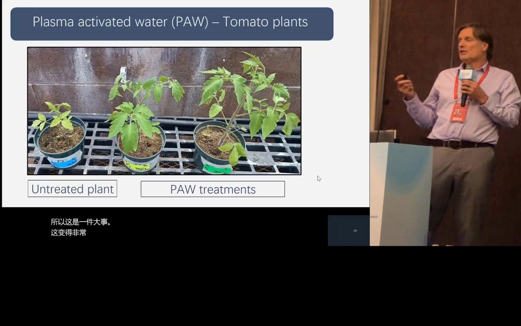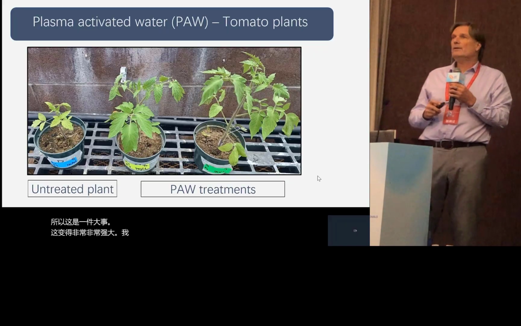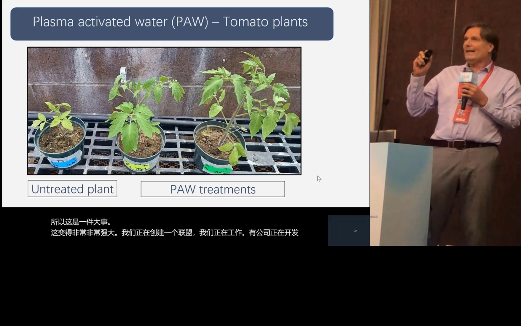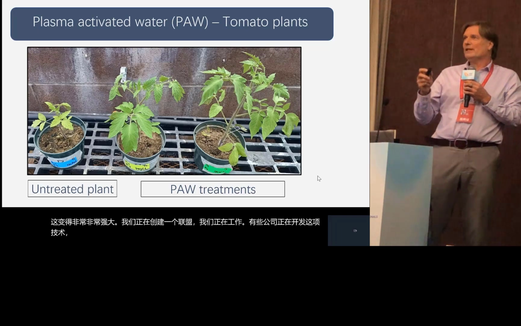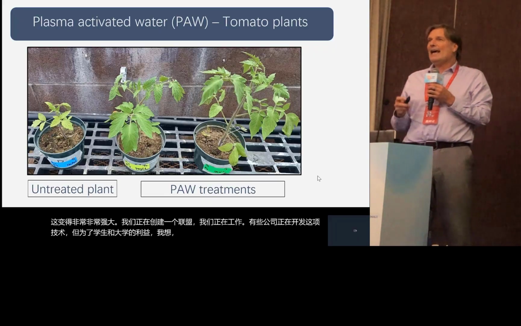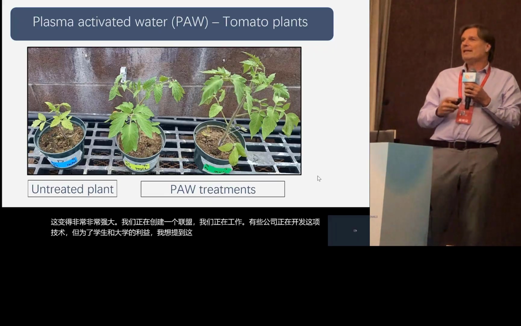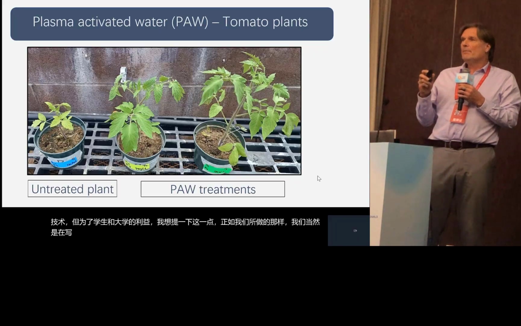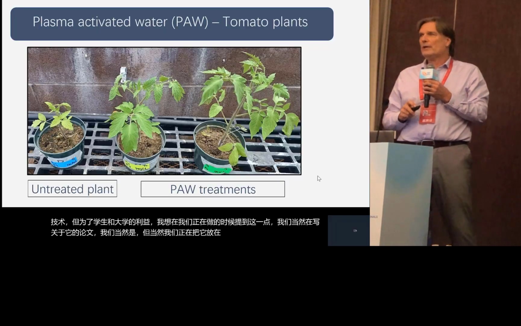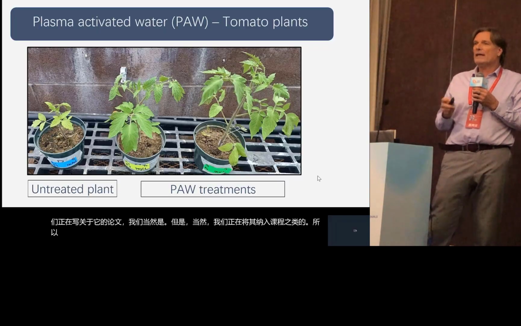So this is something that is becoming very, very powerful. We are creating a consortium. There are companies that are developing this technology. But in the interest of students and in the interest of universities, I want to mention this: of course we're writing papers about it, and of course we are putting it into courses and whatnot, so educating, but we are also wanting to create careers.